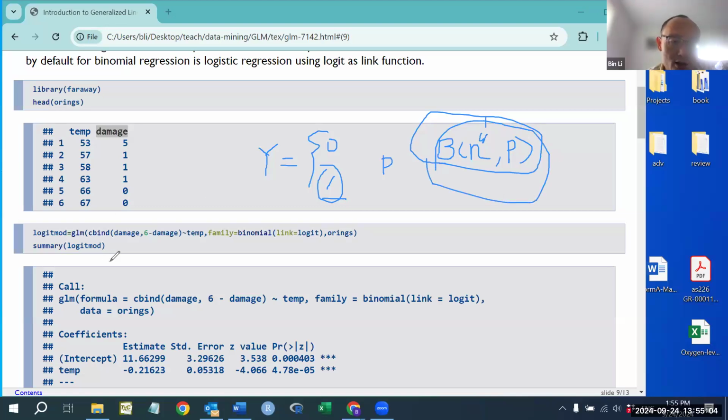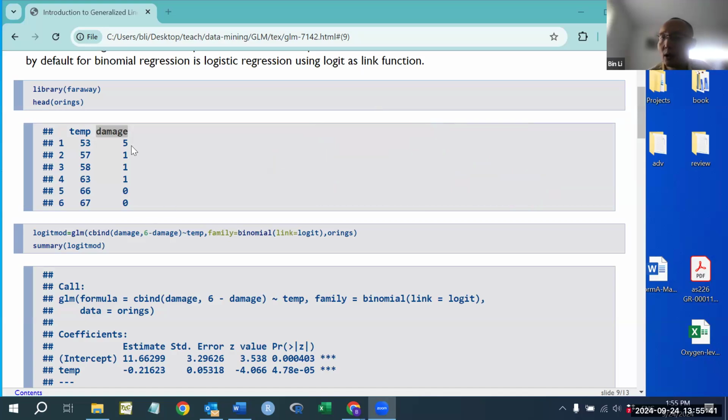So we can see in this example, it's a binomial, right? If we look at each experiment, it can only have success or failure, damaged or not damaged. So each experiment follows a Bernoulli trial, and each row is a binomial. Here we can model the number of damage through logistic regression.